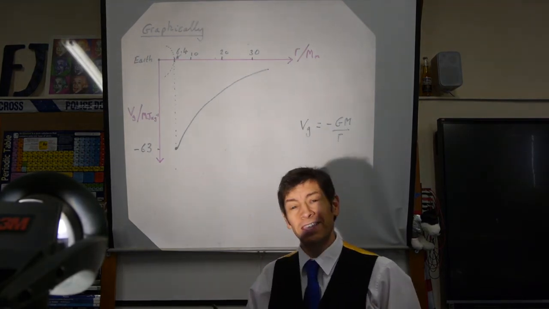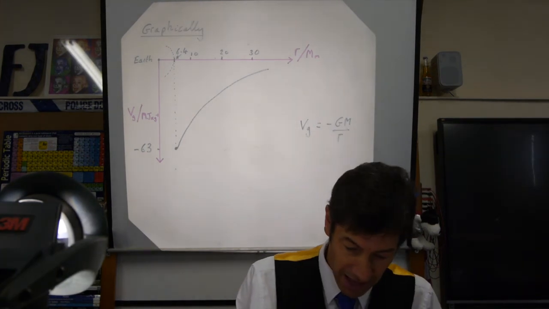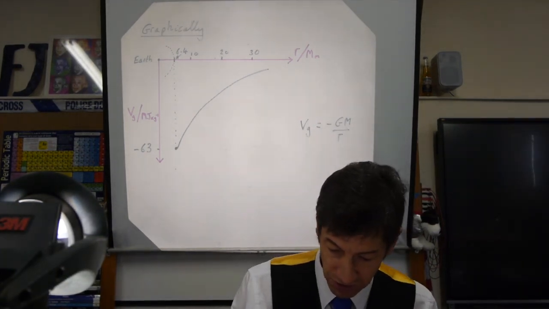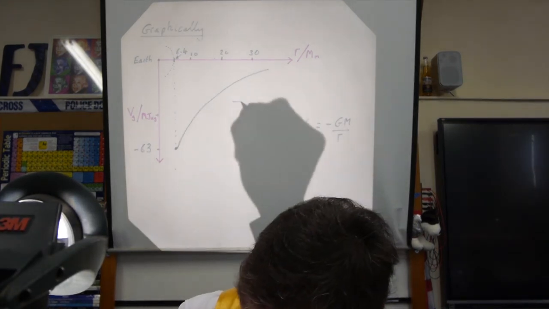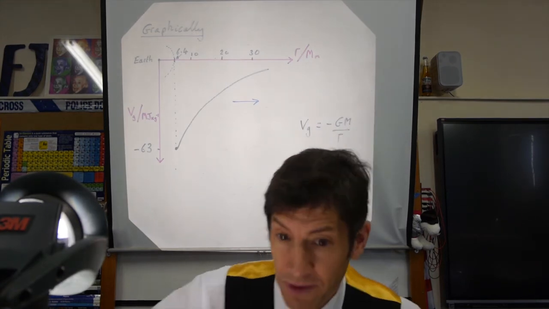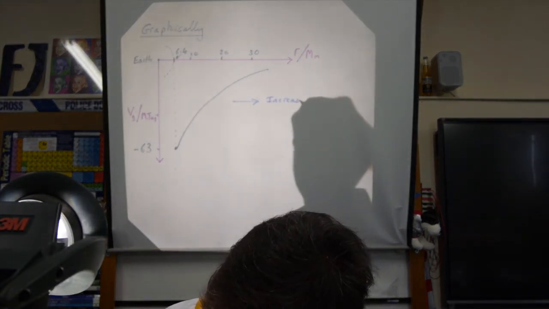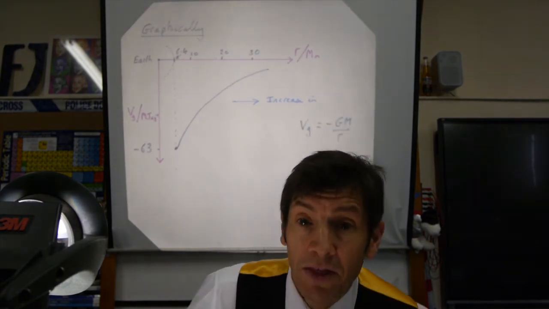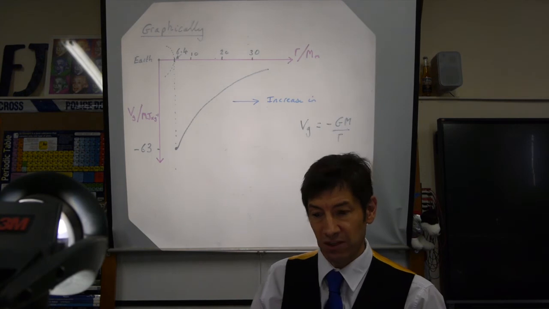So I hope you can see now how I've built up that graph. There's a couple of things to point out. If r goes that way, we have an increase in the amount of gravitational energy we're giving something.